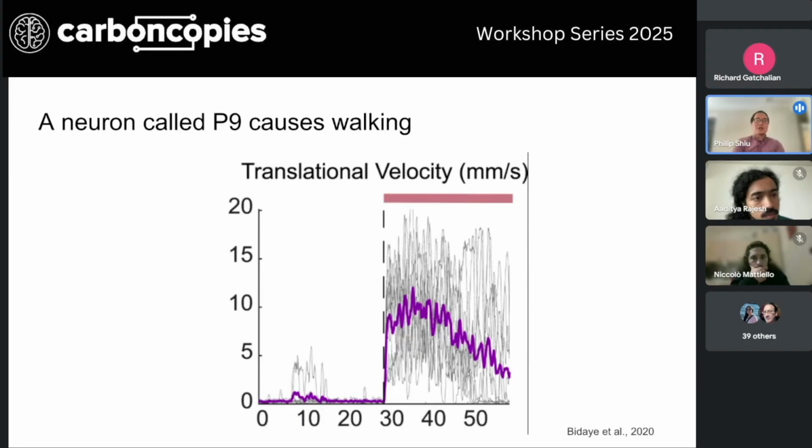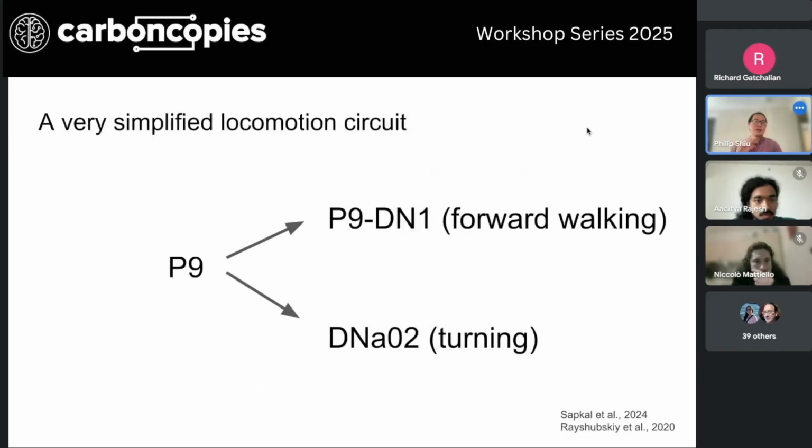In particular, we focused on locomotion because a collaborator of mine and a former postdoc from the lab that I was in was very interested in locomotion. Salil Badai basically showed that a particular neuron called P9 causes walking. So when you activate P9, the flies walk forwards. We will present the fly locomotion circuit as a really simple circuit where a particular neuron called P9DN1 controls forward walking, and another neuron called DNAO2 results in turning.